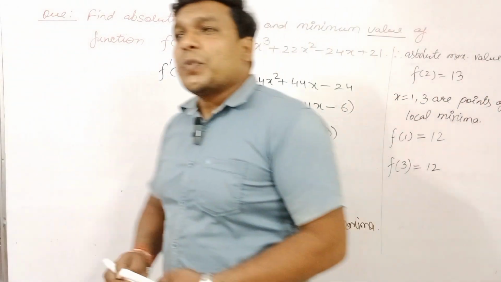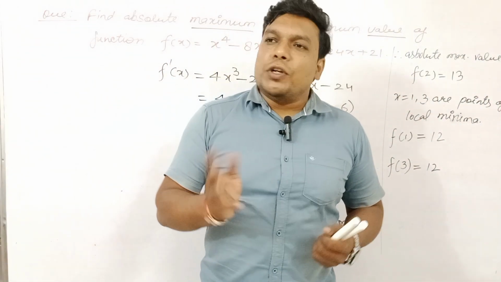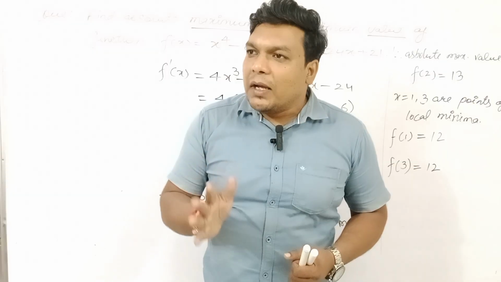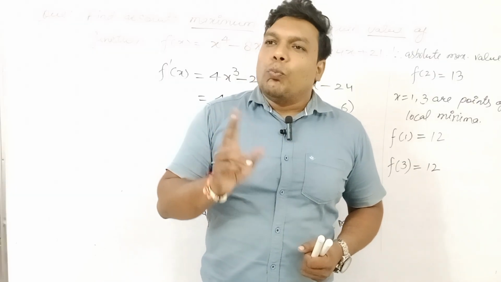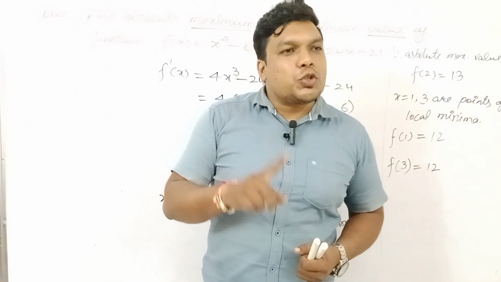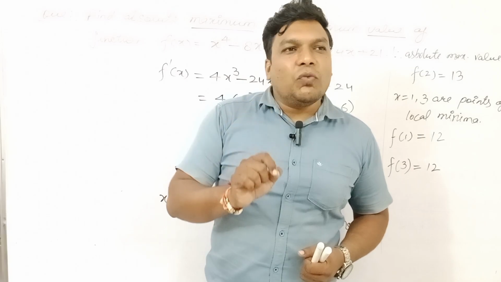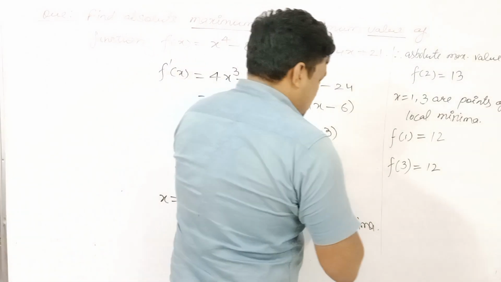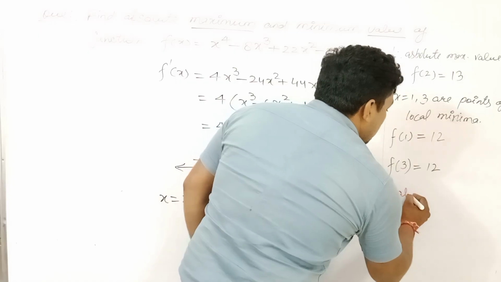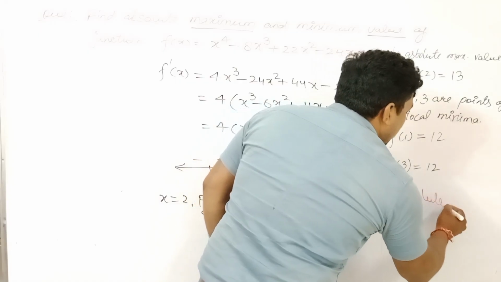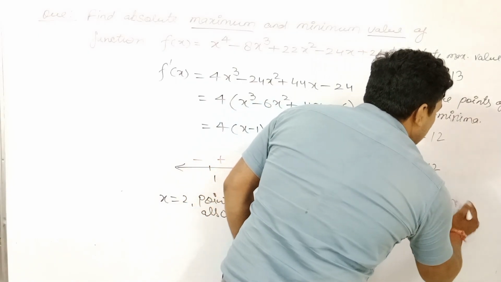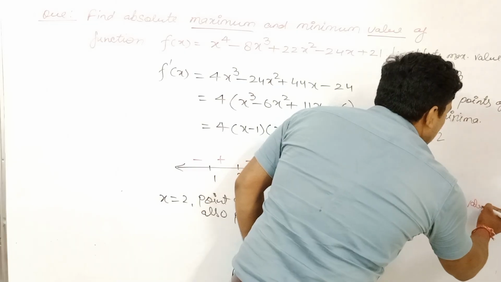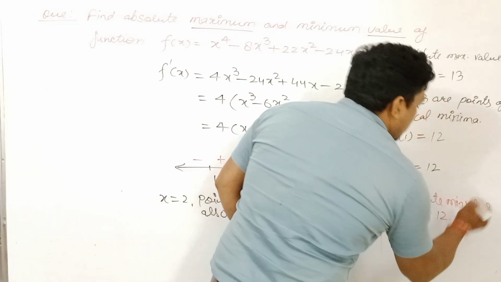So both are points of absolute minima, and the absolute minimum value is 12.